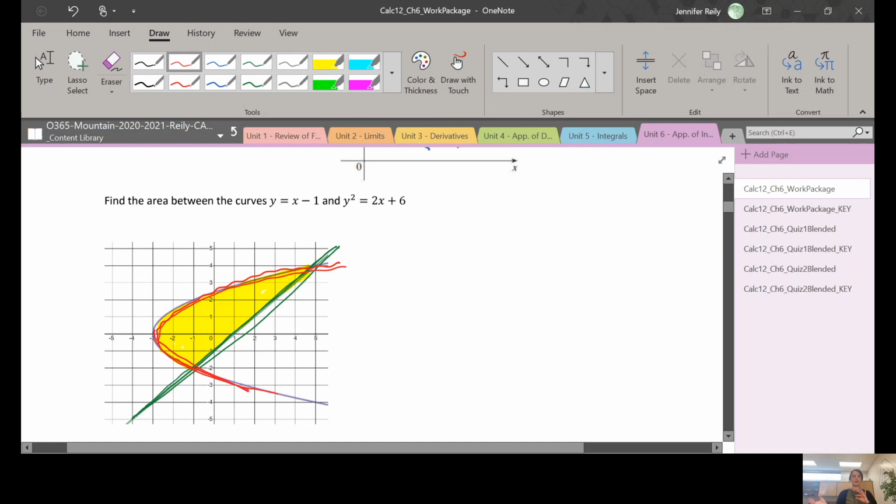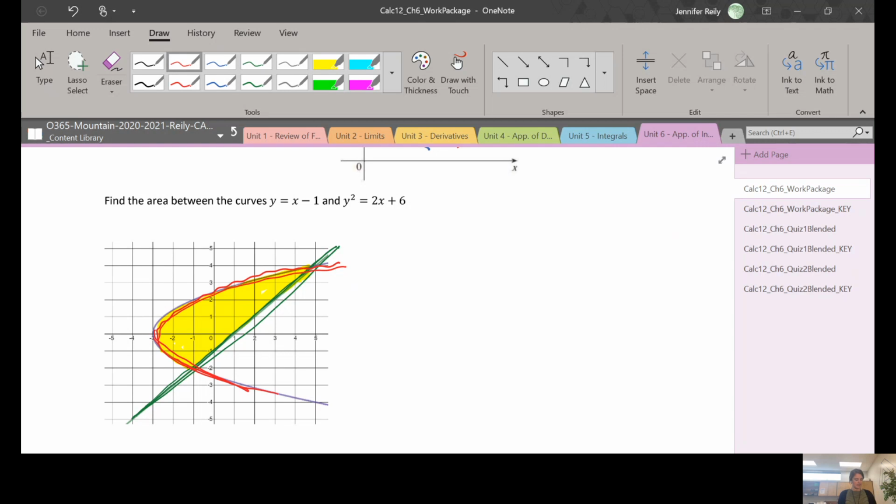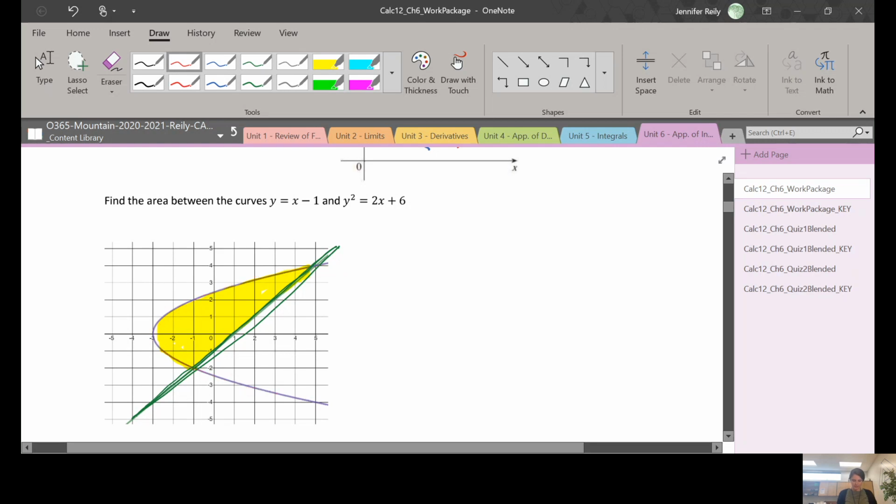Okay, so if I want to do left and right instead of up and down, top and bottom, I need to rewrite these in terms of x instead of y. So this curve here is y squared equals 2x plus 6. So I'm just going to rearrange it.